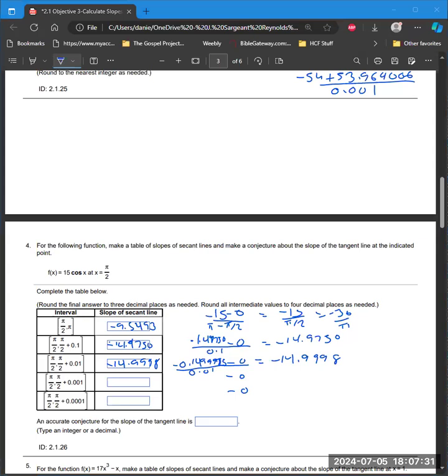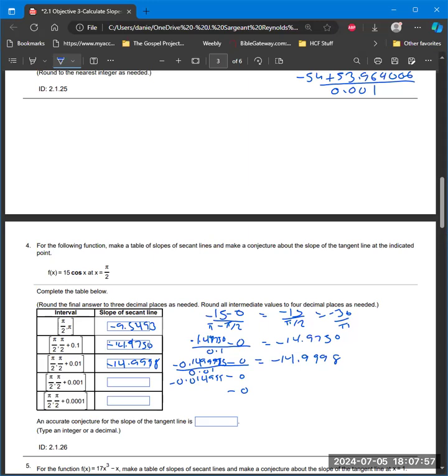Pi over 2 plus 0.001 is negative 0.0149999.